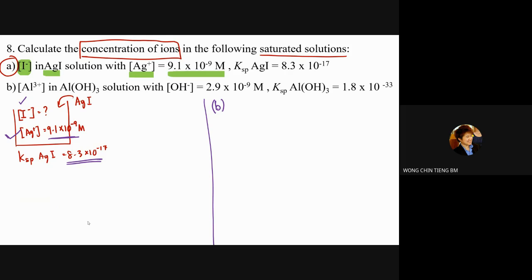Nama kawan yang boleh saya panggil, siapa lagi? Syuhada? Alright, Syuhada, can I have the concentration of the I minus that you calculate in A? Tengah kira ni.